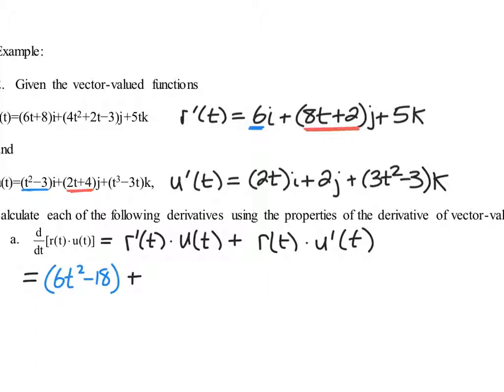All right, so I'm going to distribute the 8t plus 2 against the 2t plus 4. So that's going to be 16t squared. And our outer is going to be, what, 32t plus 4t, so 36t plus 8.